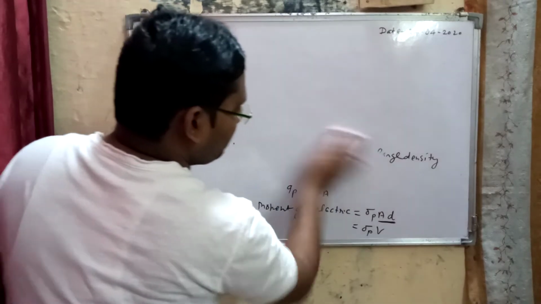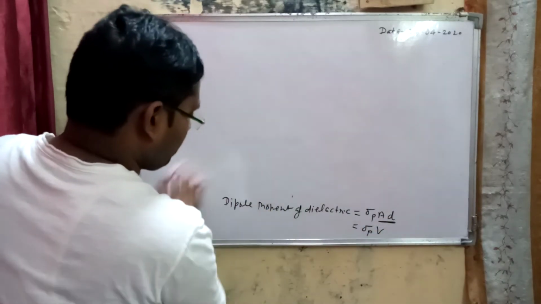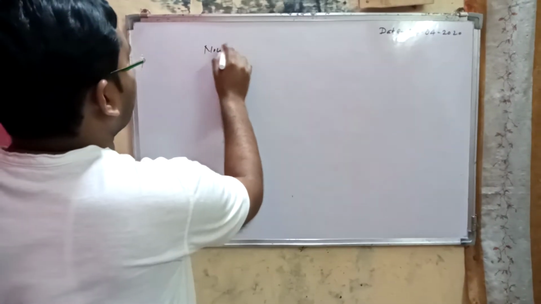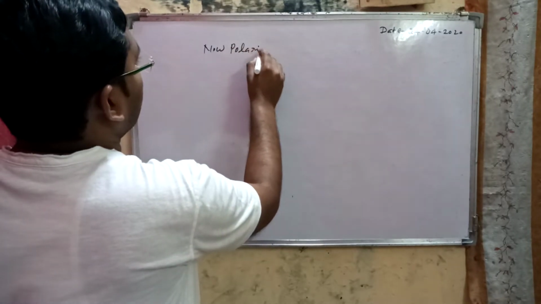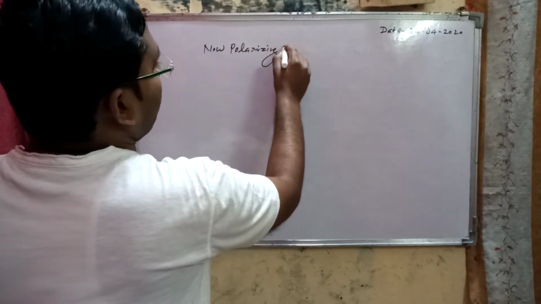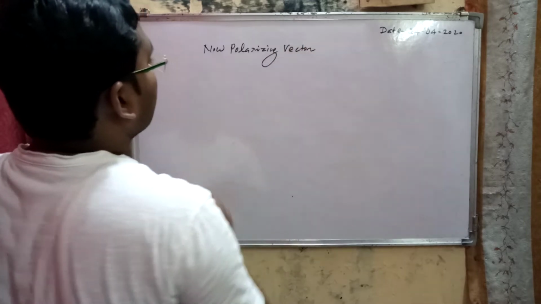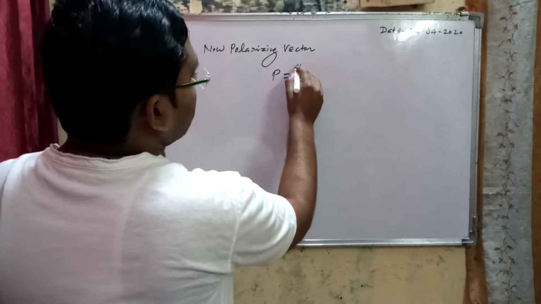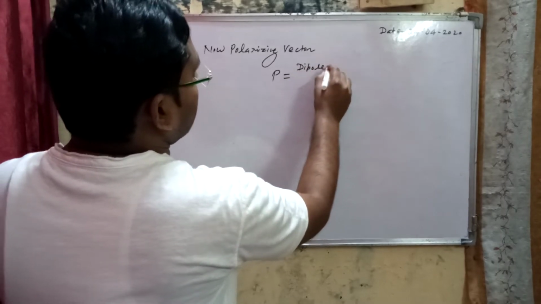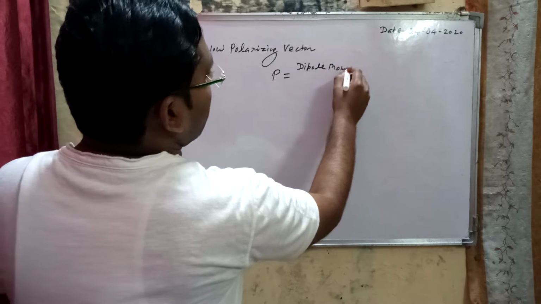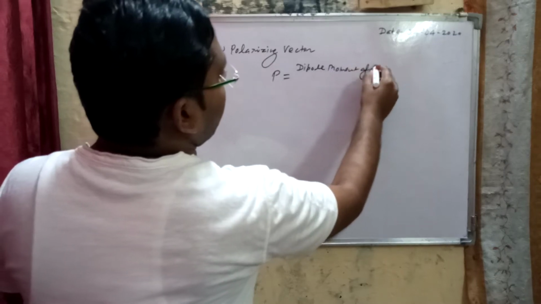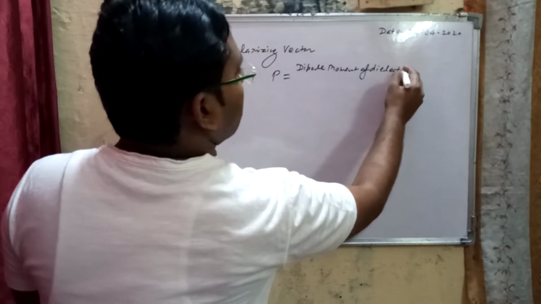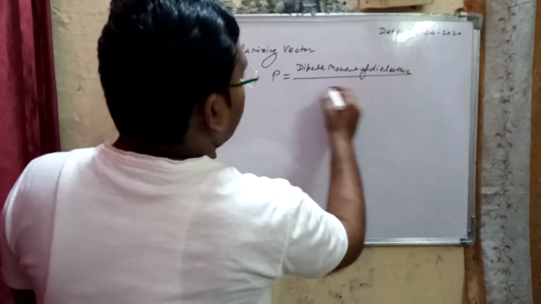Now the polarization vector capital P is equal to the dipole moment of the dielectric divided by volume.